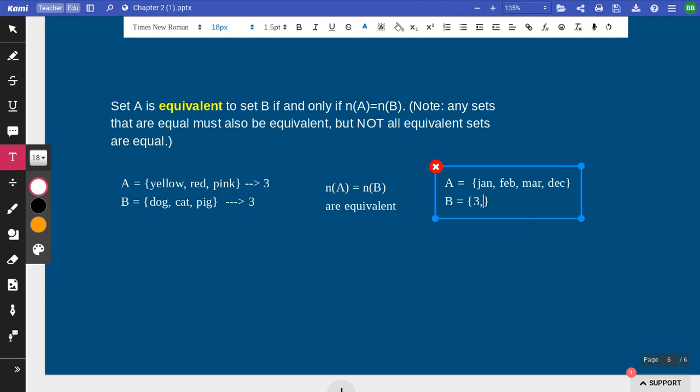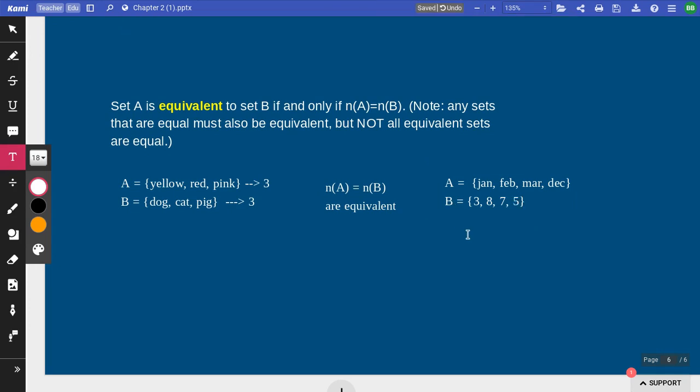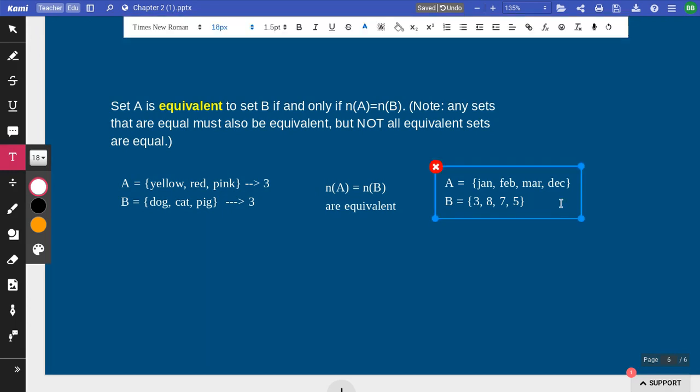Then let's have 3, 8, 7, 5. Are these two sets equivalent? Yes. There are 4 elements in A and 4 elements in B. Therefore, A and B are equivalent.